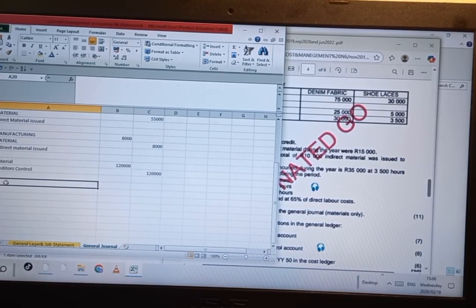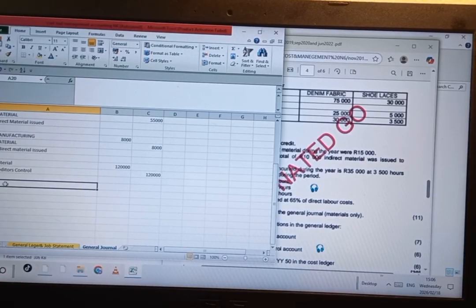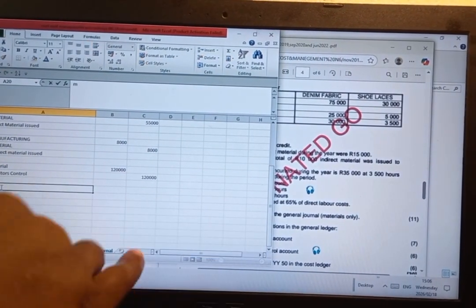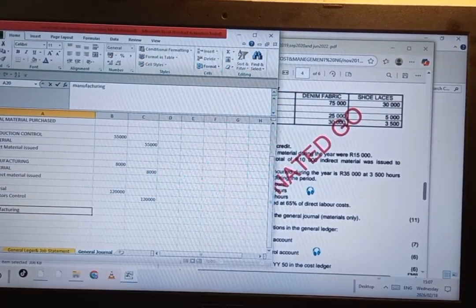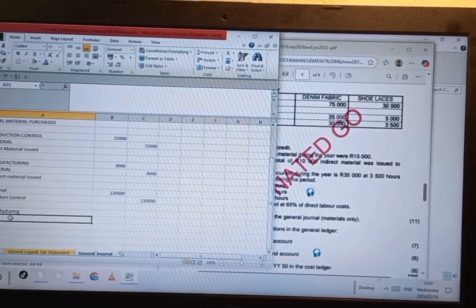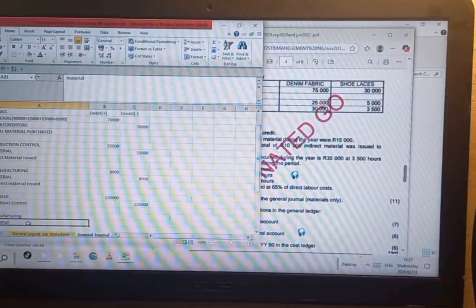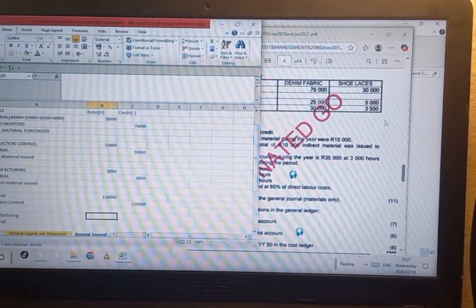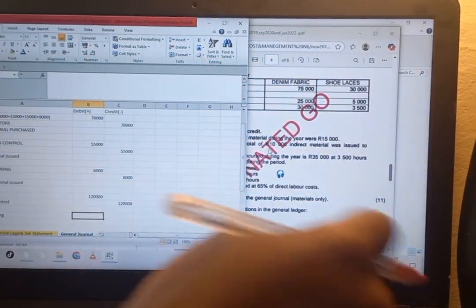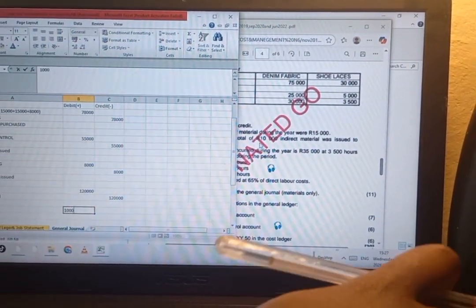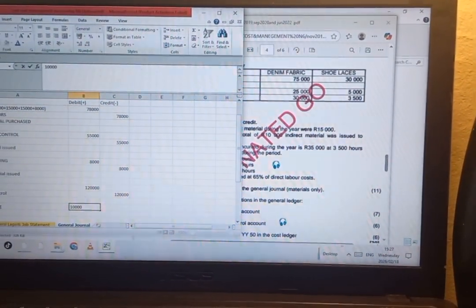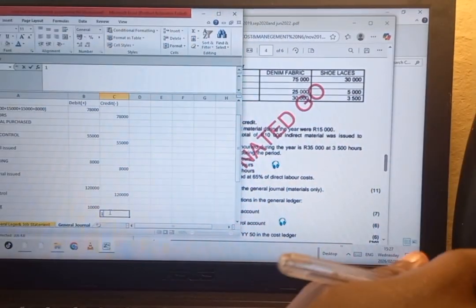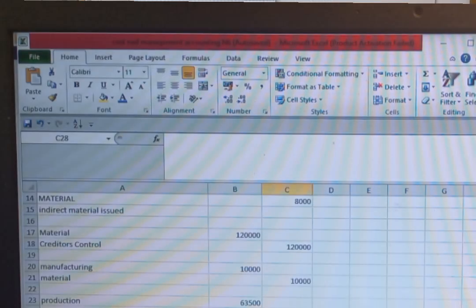Bullet number 2 tells us about indirect material that was purchased. So we debit our manufacturing account, and then we credit our material account. It's manufacturing, 10,000, the total of 10,000. The reason is indirect material issued.